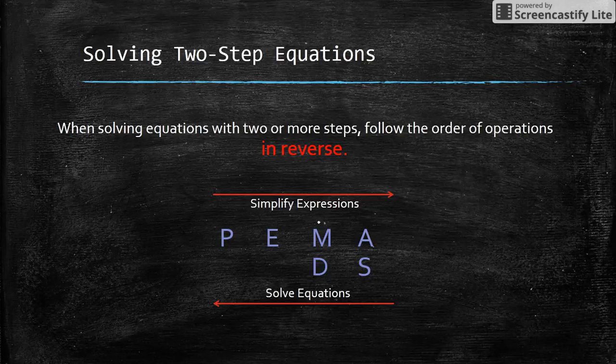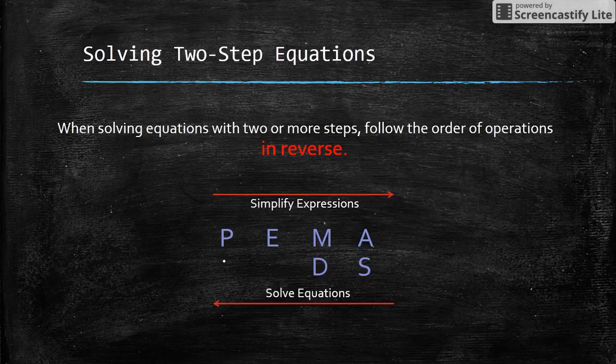When you see multiplication and division, you will undo that piece next. We are not going to be solving any where you have to undo exponents, but if we did, you would do that after you remove the multiplication and division. And then lastly, you're going to undo anything that was housed inside a set of parentheses. That's going to become important because you're going to see some problems that work that way.